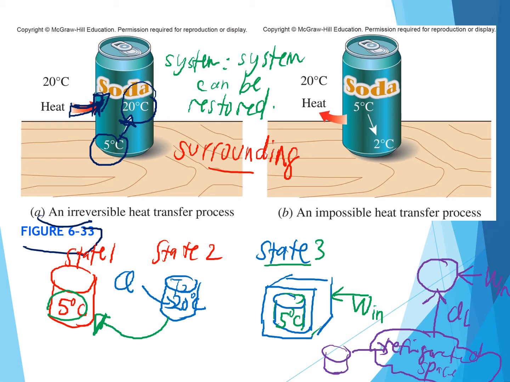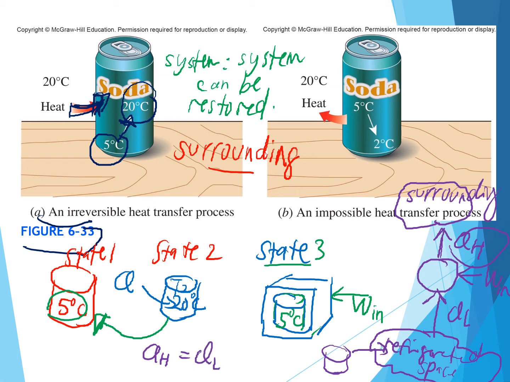And then this refrigeration system must sink some amount of heat QH to the surrounding. But in this case it is your room. Right. And then we know that what is QH? QH is equal to QL plus W in.